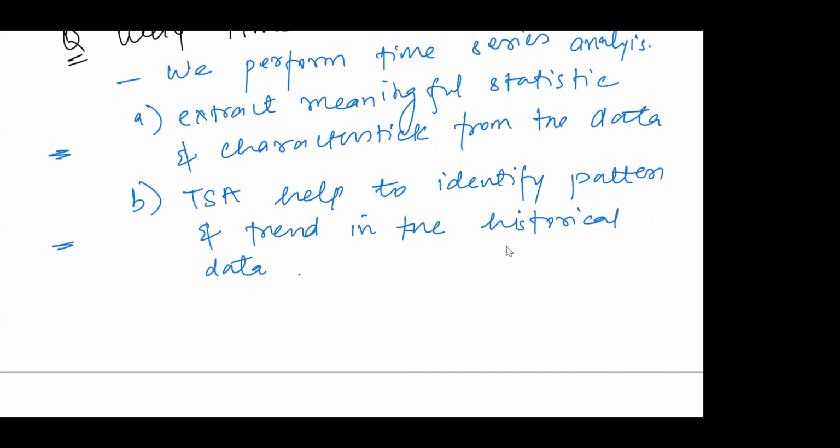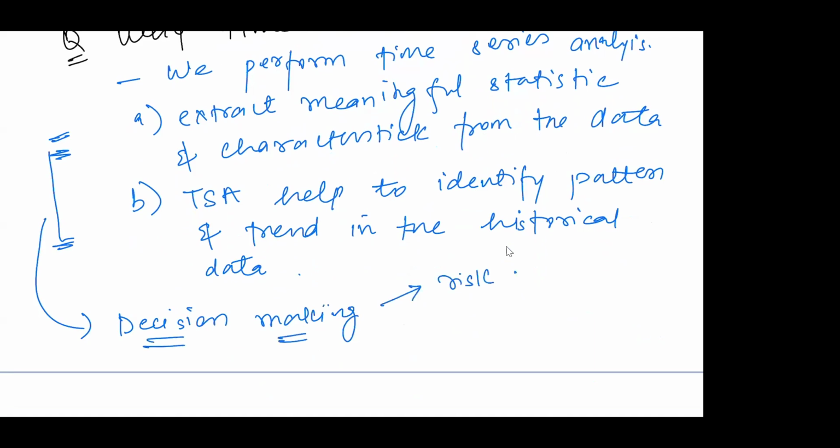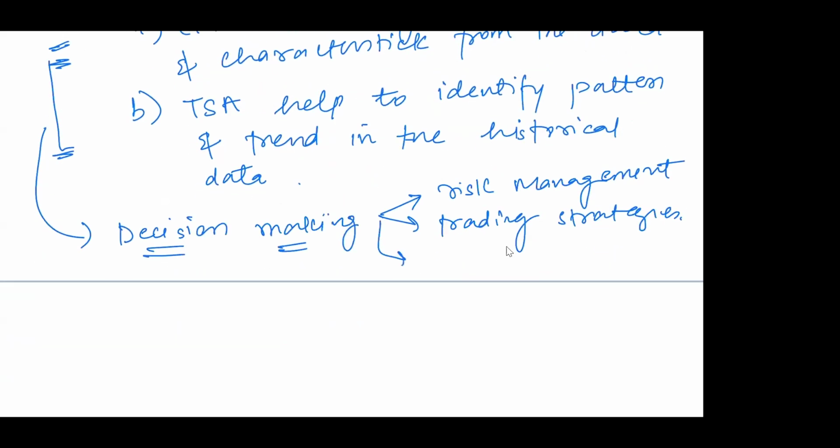When we are able to understand meaningful statistics and characteristics of the data and identify trends and patterns, this can help us in decision making, and that is the core reason why we use time series analysis. This decision making can be in risk management, trading strategies, or other investments. There can be multiple use cases.